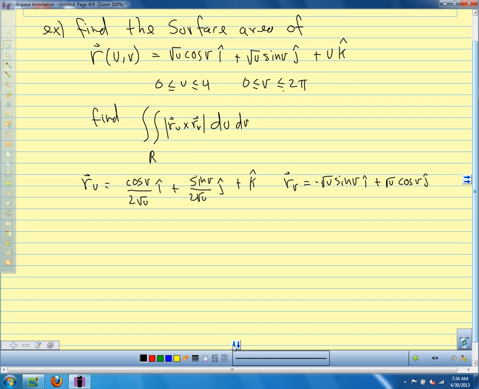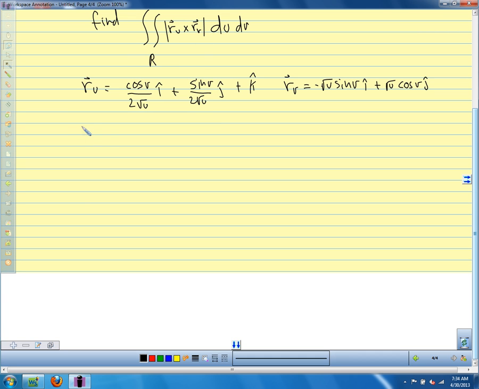So now we can do our cross product to get this quantity. r sub u cross r sub v is the determinant with rows i j k; cosine v over 2 square root u, sine v over 2 square root u, 1; minus square root u sine v, square root u cosine v, and 0.